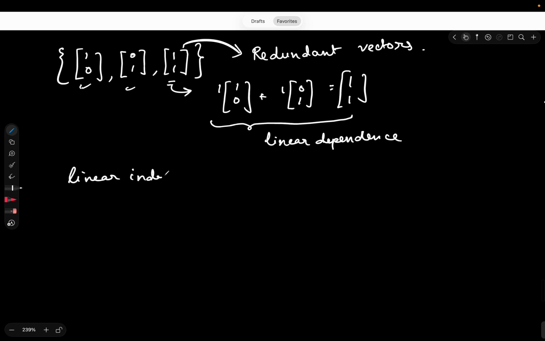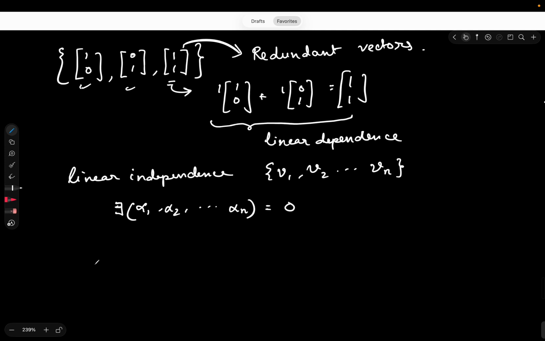Linear independence means that if you have vectors v1, v2, dot dot dot vn, these vectors are called linearly independent if there exist only alpha 1, alpha 2, dot dot dot alpha n, all of them equal to 0, such that alpha 1 v1 plus alpha 2 v2 plus dot dot dot plus alpha n vn equals 0.